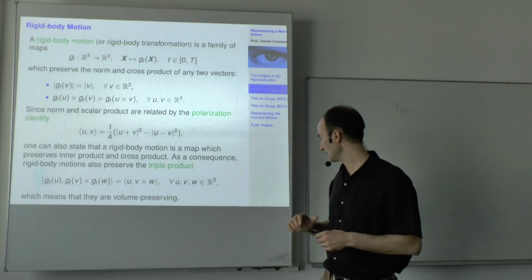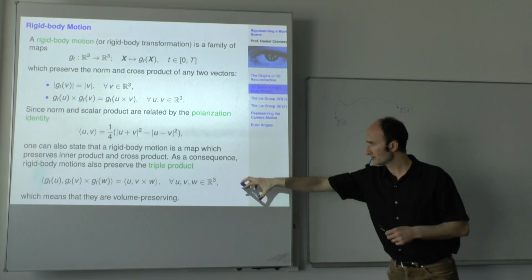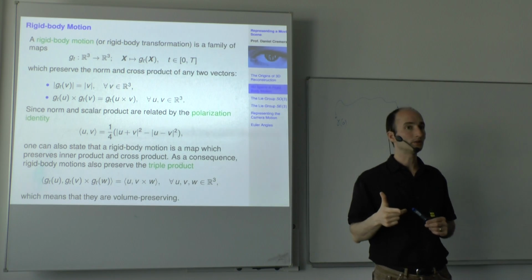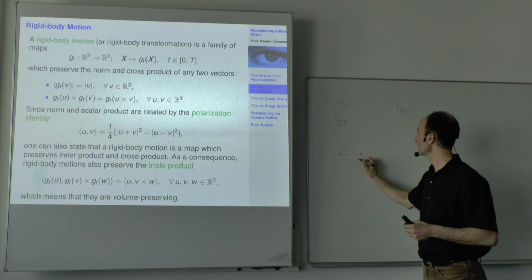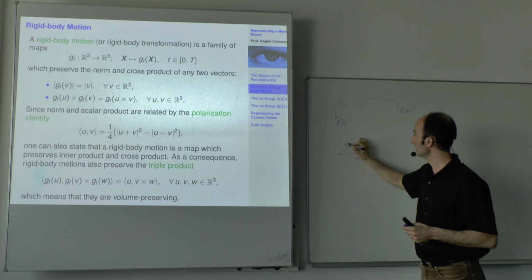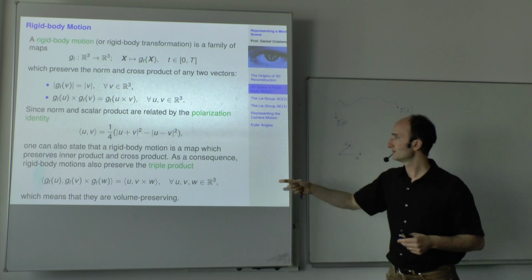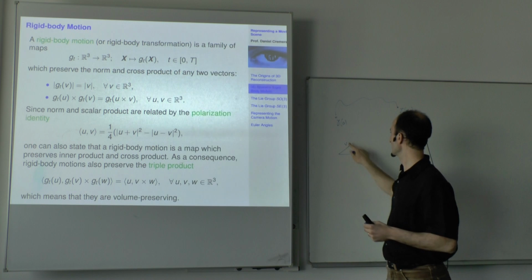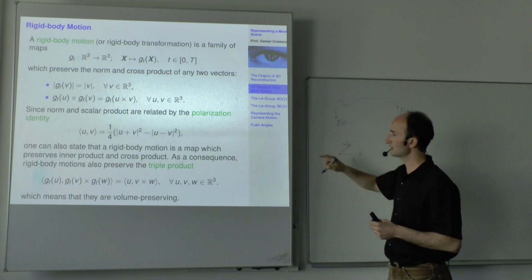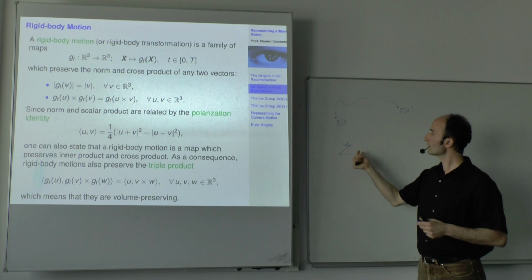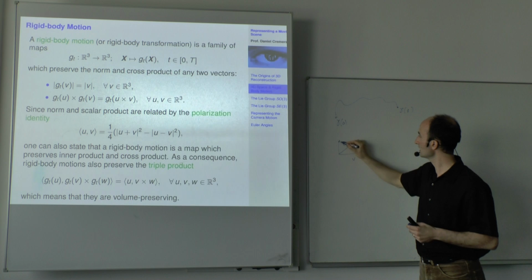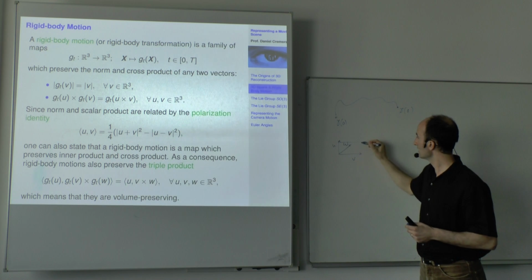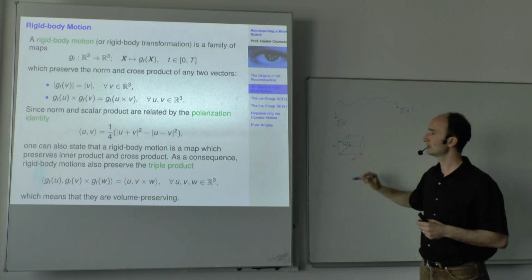Why is that interesting? Well, the triple product, as we see it here, denotes volume. You may remember that from high school. If you have two vectors, let's call them v and w, then the cross product of v and w is a vector in that direction, and if u is somewhere here, then these three vectors span a volume element.